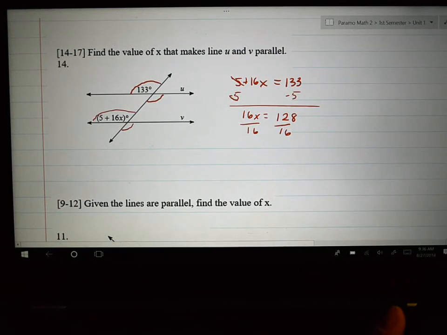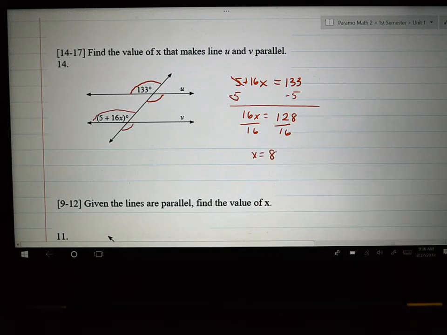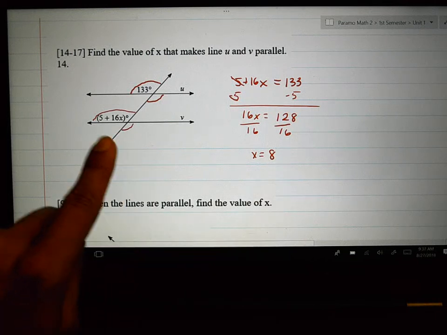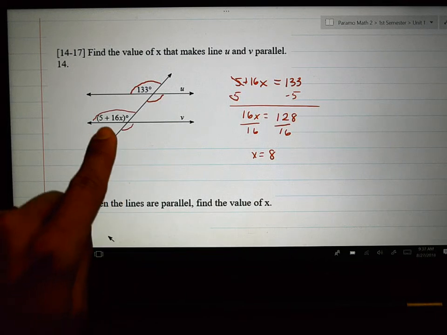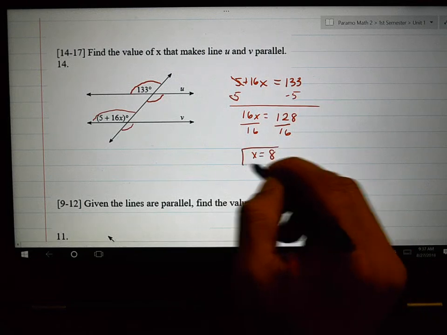If you want to borrow a calculator from me, feel free to put your ID card in the pocket, and it says x equals 8. If you plug this in, 16 times 8 plus 5, then that's going to equal that angle to be 133 degrees exactly, making those two lines parallel. That's how we do it.